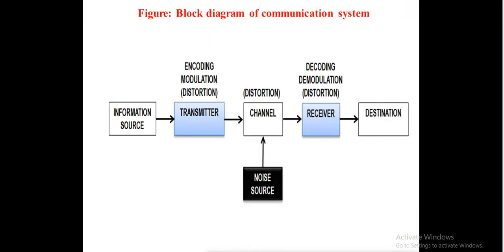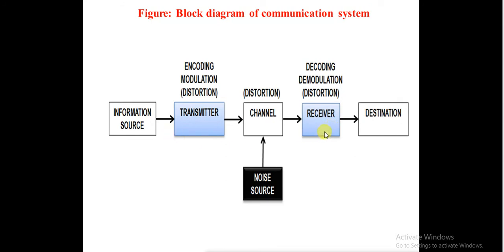Before heading towards the content of wave propagation, we will understand the very first diagram we have studied, the block diagram of the communication system. The block diagram consists of information source, transmitter, and receiver.